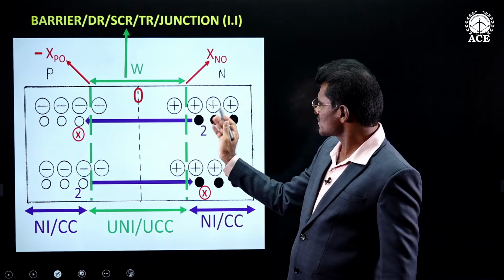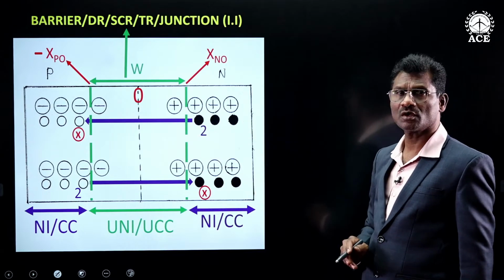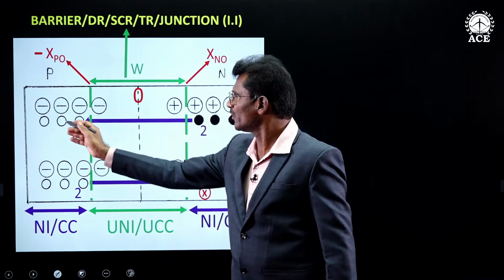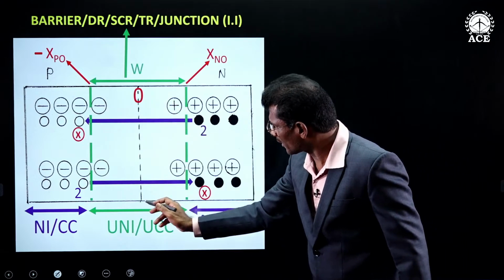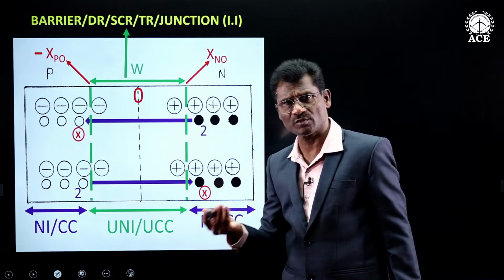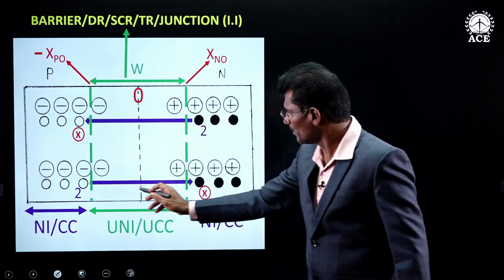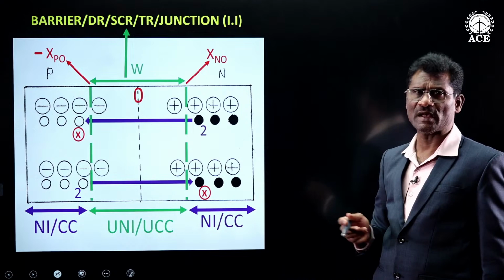To the right side of this dotted green line we have neutral donor atoms. To the left side we have neutral acceptor atoms. This central dotted line is an imaginary line which was shown earlier only for explanation purposes. So this area between the two dotted green lines is what we call the barrier.